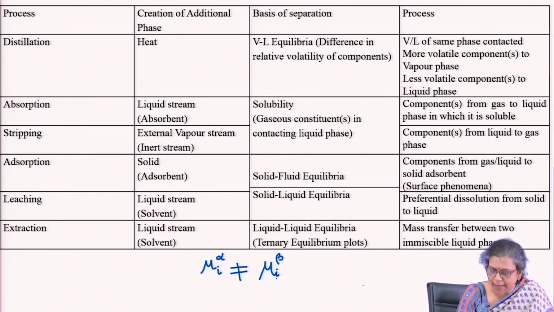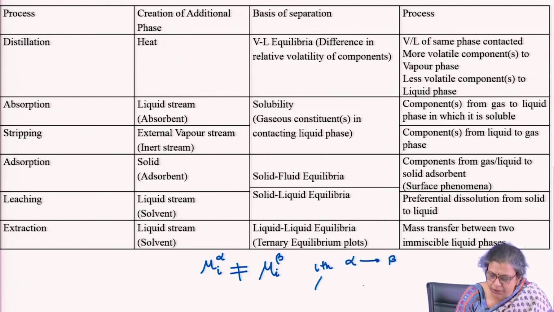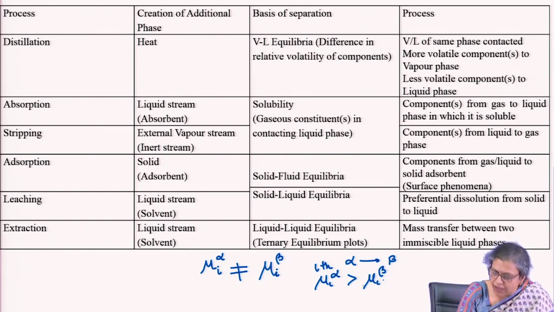Only when this happens will the ith component diffuse from the alpha phase to the beta phase, provided mu i alpha is greater than mu i beta, and if the reverse happens, then the ith component will move from the beta phase to the alpha phase.